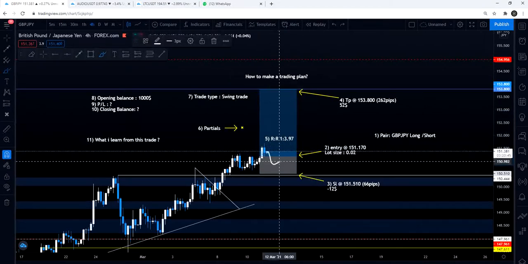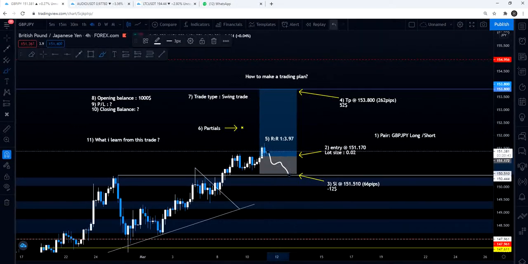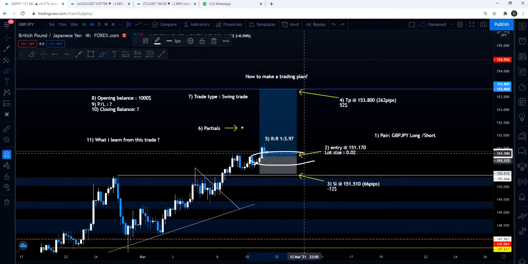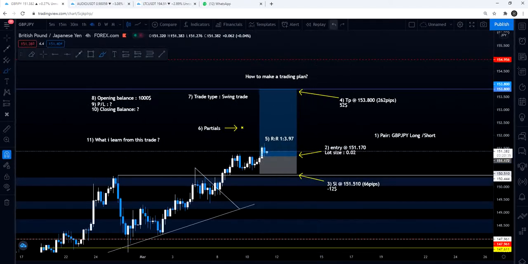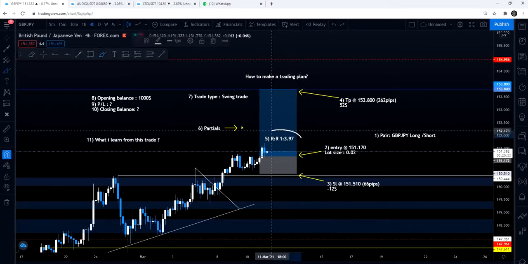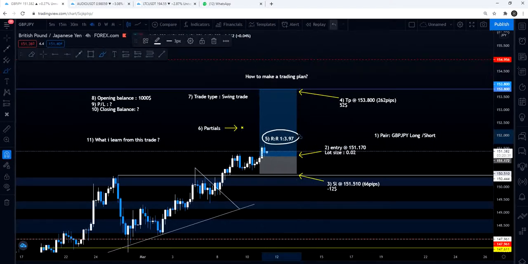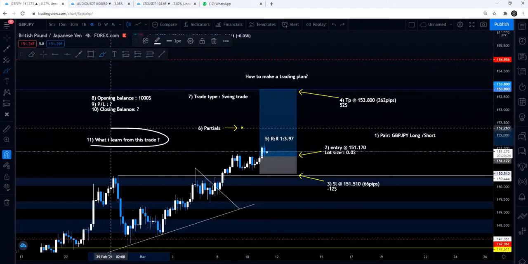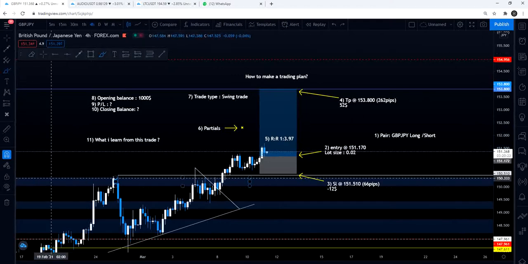And if the trade was going against you, how was your behavior? What decisions did you take while taking this trade or while closing this trade? Did you get scared when the trade was going against you or not? You have to mention each and everything in this 11th point, which is very important.